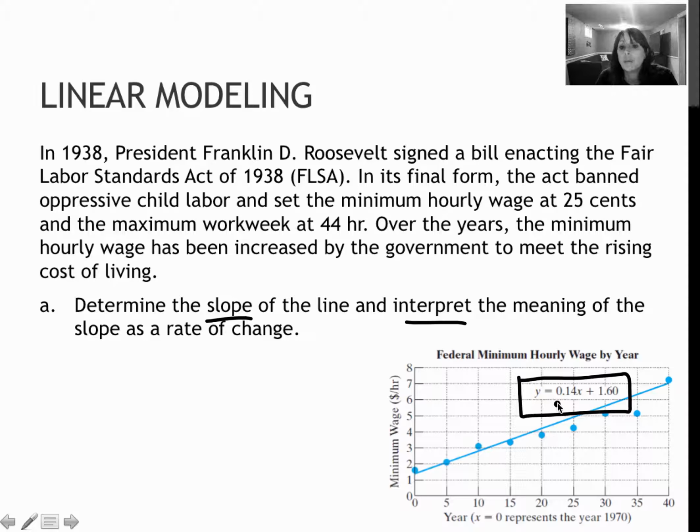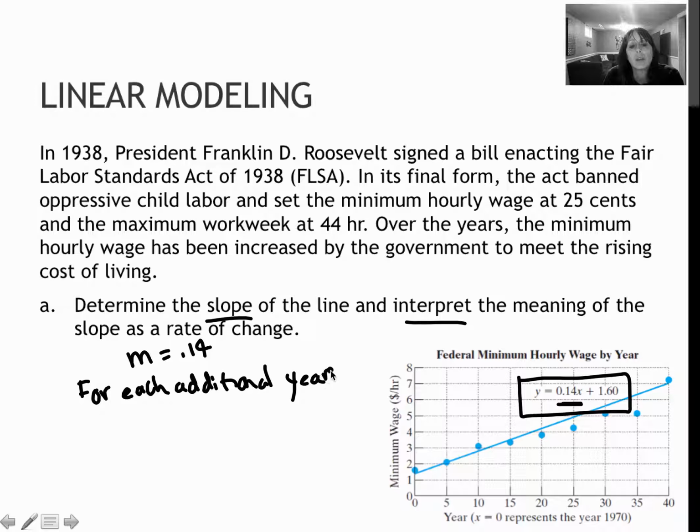But the slope should be fairly easy to find because we know that the slope is always being multiplied by x. So my slope would be 0.14, and I'm going to interpret what that means in the context of the question, and that means for each additional year, and we could even put past 1970, because as you can see, 0 means 1970.